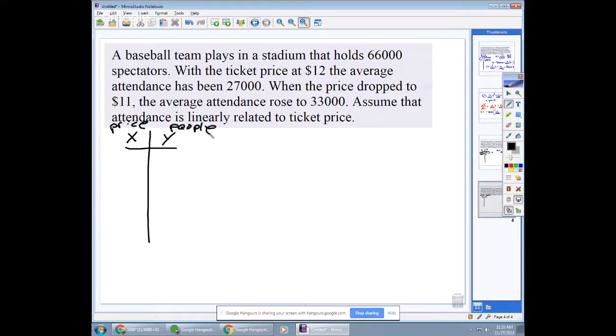Okay, I gotta do this again. So then I go from 12 to 11 and 27,000 to 33,000. It should have worked the other way too. I'm kind of curious about why it didn't. I'll have to come back to that. So then here, we're gonna have a slope that's change in people over change in price.